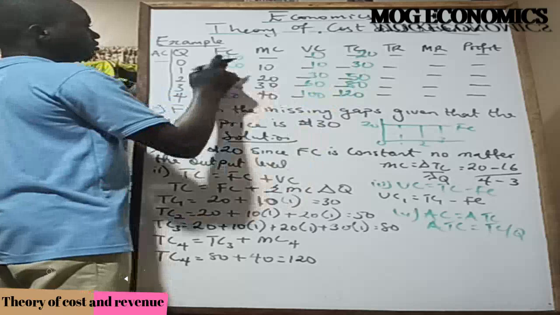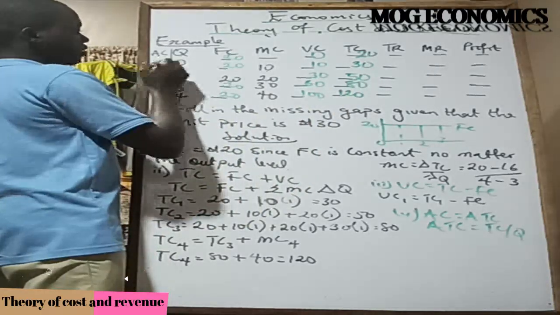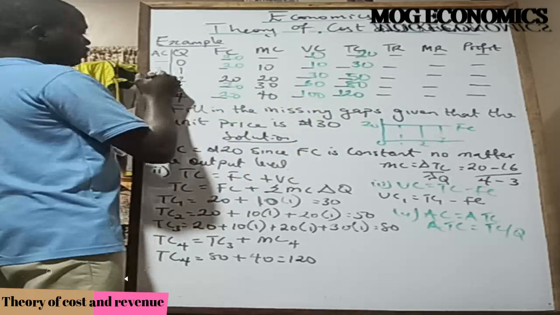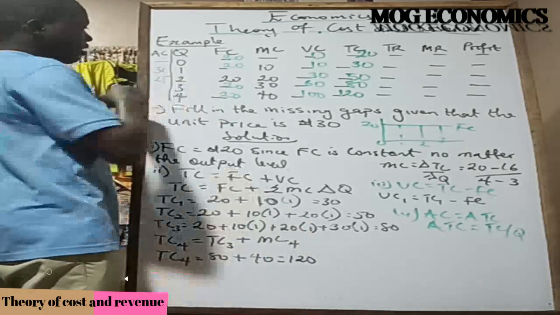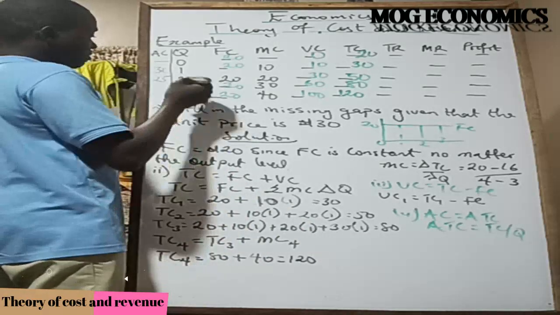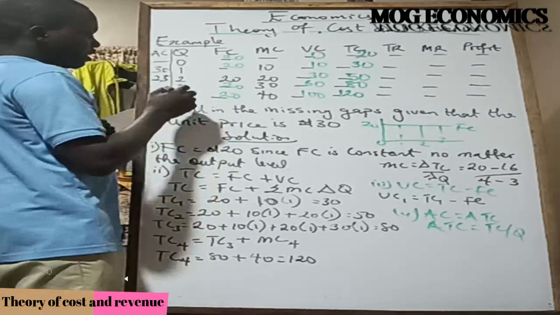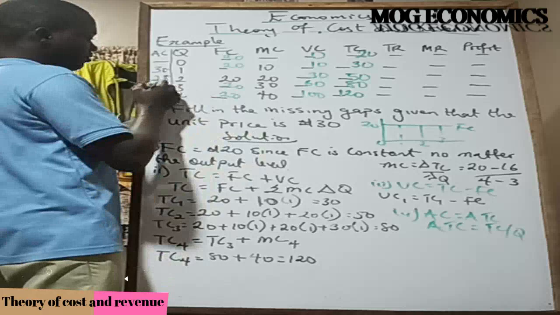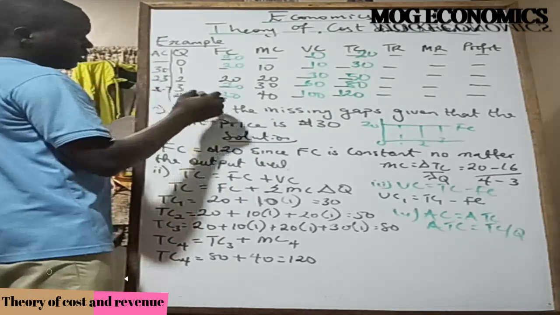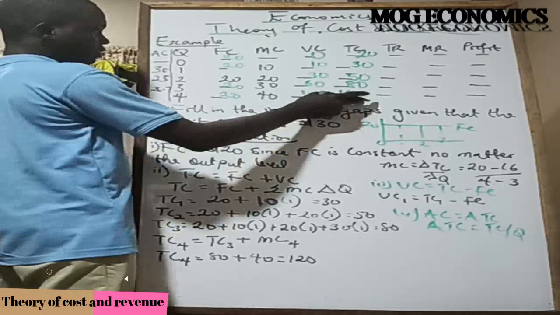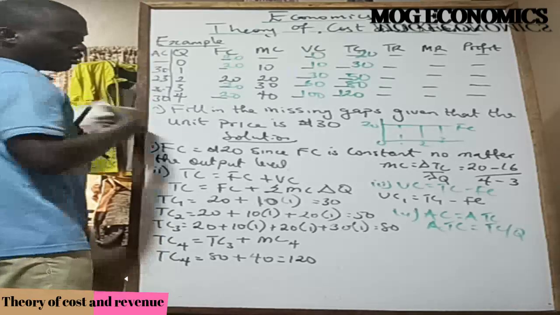Then 30 divided by 1, 30. 50 divided by 2, 25. 80 divided by 3 should be 26.7. Then 120 divided by 4, which is 30. So maths easy. So we just say okay, AC.